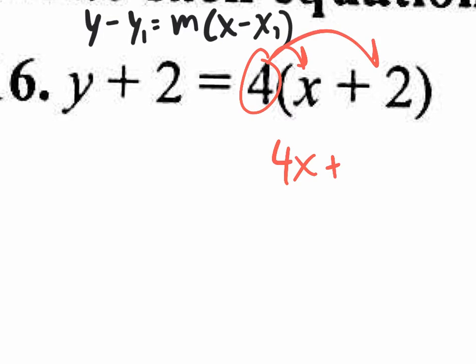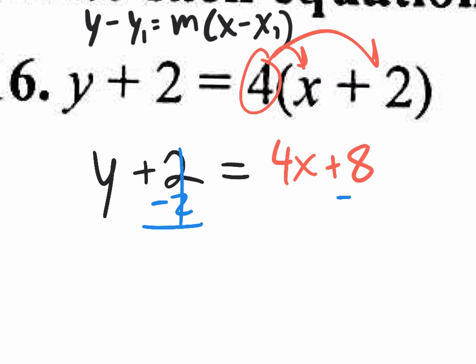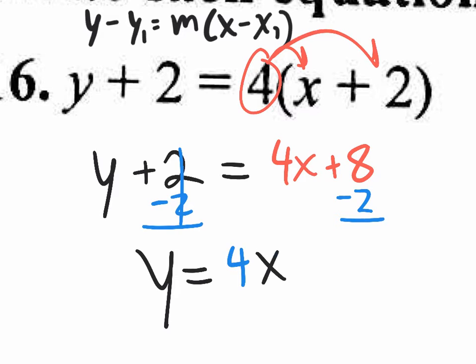4 times 2 is 8. And you're going to have y plus 2 that comes down. The equal sign comes down. And you want to get y by itself, so what would you do? Minus 2. So minus 2 here, minus 2 over here. And you finally have it, y equals mx plus b.